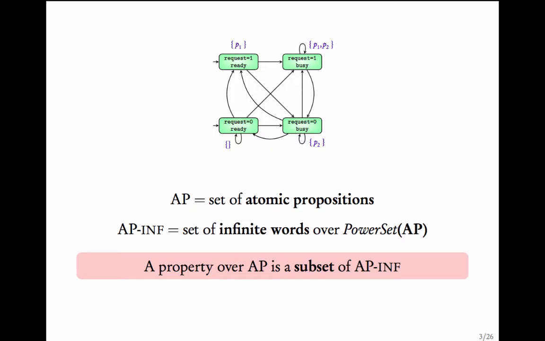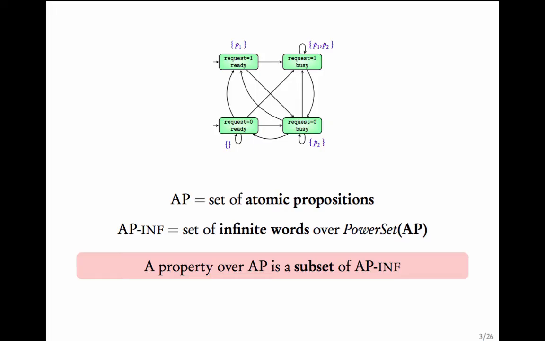What are properties? A property is nothing but a set of infinite words. We had seen this in module 2 of unit 3. However, the number of words in this subset could be infinite. For example, if the property says that P1 is true always, then you can have infinitely many words.